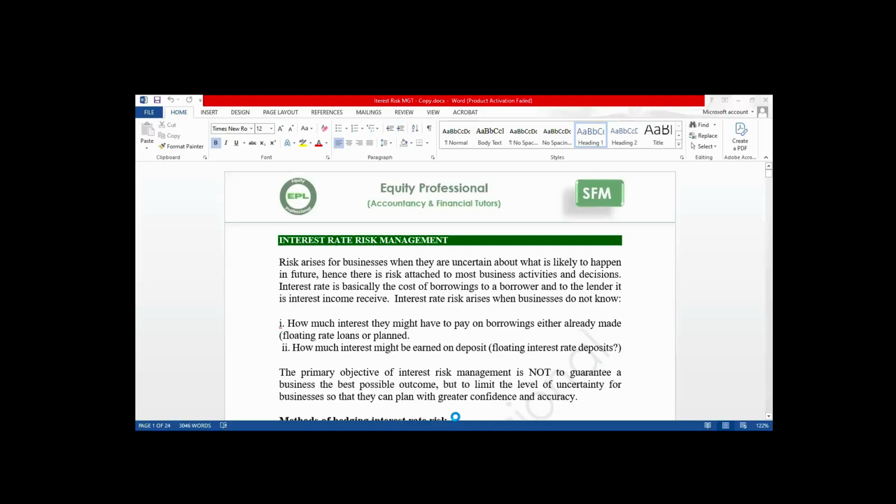If a company borrows money at a floating rate, or where a company is planning to borrow money, the amount you pay on your borrowing, the amount you are planning to borrow, you are very certain of the amount.